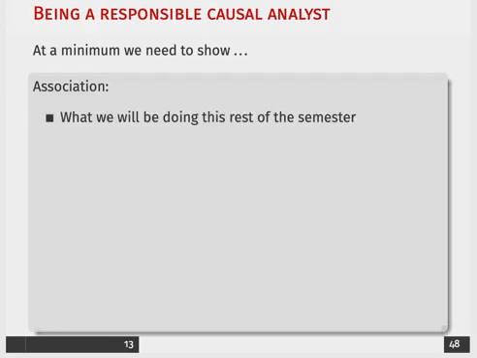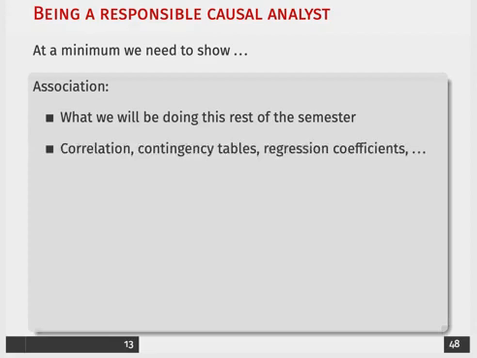With an association, that's pretty much what we're going to be doing for the rest of the semester, quite frankly. We're going to be talking about correlations, contingency tables later in this module, and regression coefficients. Please remember, every time we interpret this, we are going to interpret it as an association and not necessarily as a causation, unless the data is designed in a way that allows us to make that statement.